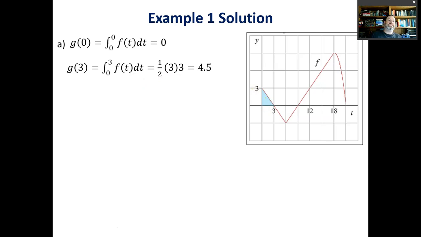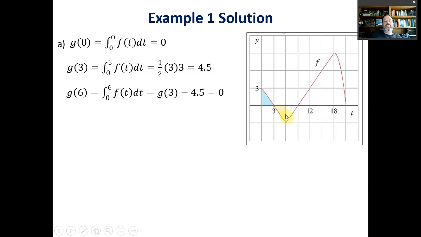So keep in mind that when we say g of 3, we're saying the area under the curve from 0 to 3 of this function, right? But remember, this function is a function of whatever this top number is. So as we start to move to the right, the area so far is going to change.